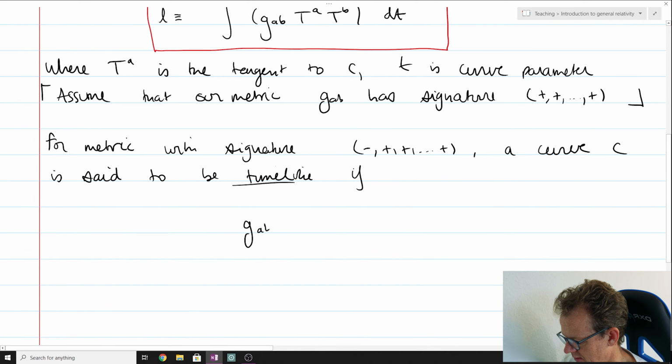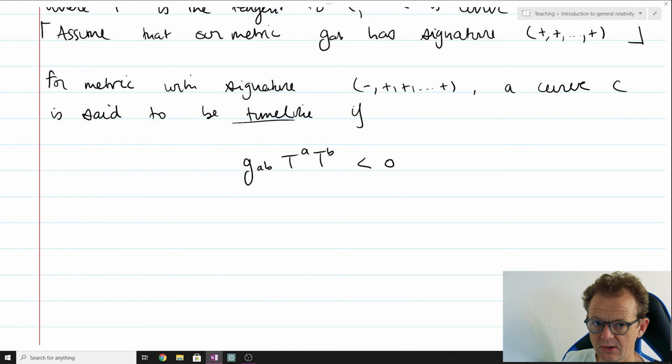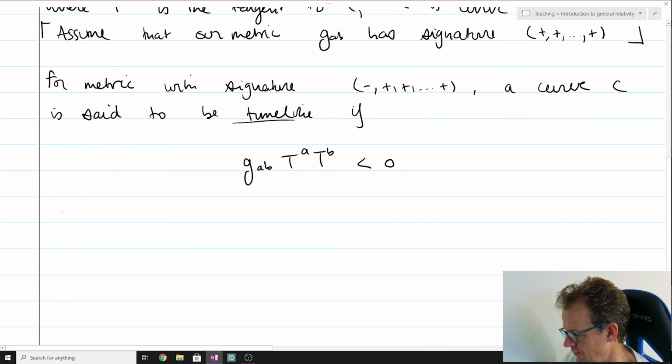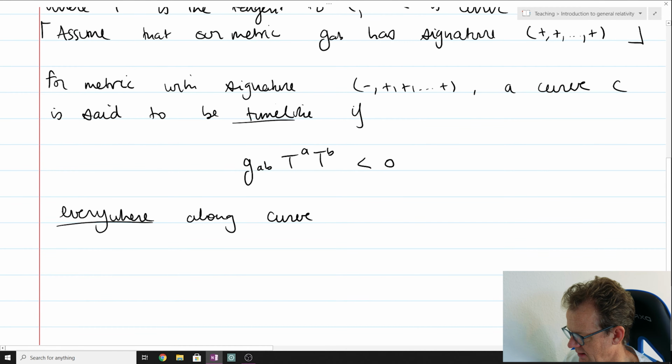if, when you compute the inner product of the tangent vectors to the curve, you get a negative number, right? That's possible now. The metric has a negative signature. If it's negative everywhere along the curve. So, okay, it's timelike at that point, let's say, but this condition is going to be true everywhere along the curve for the curve to be called timelike.